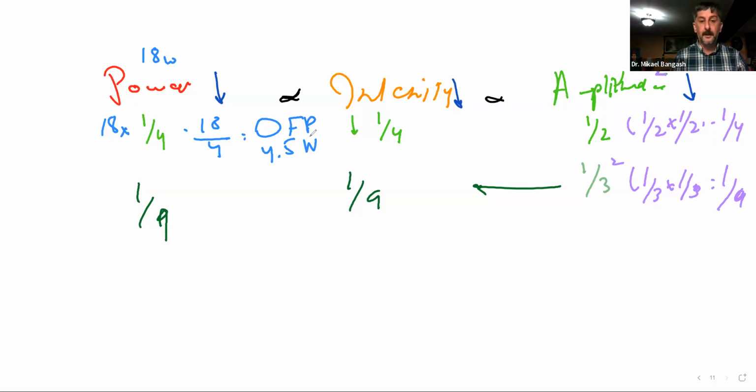But at the same time, you can say, what if my amplitude was decreased to 1/3? That's going to mean my final power is going to be 1/9 of what I started with. Which means 18 multiplied by 1/9, which means 18 divided by 9.